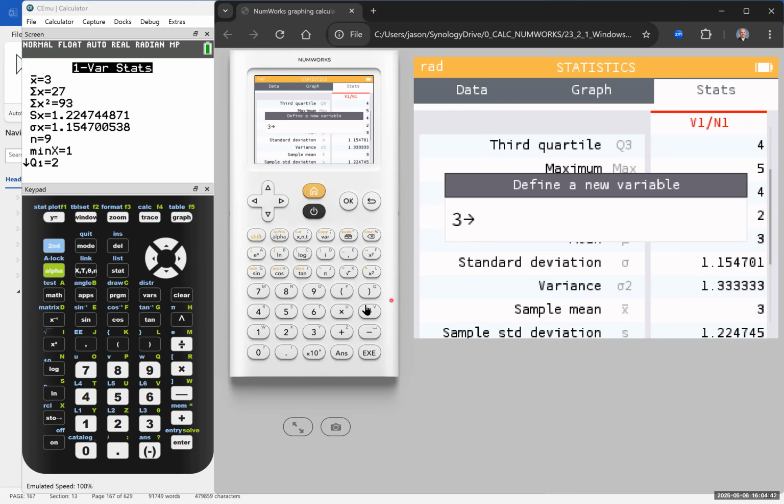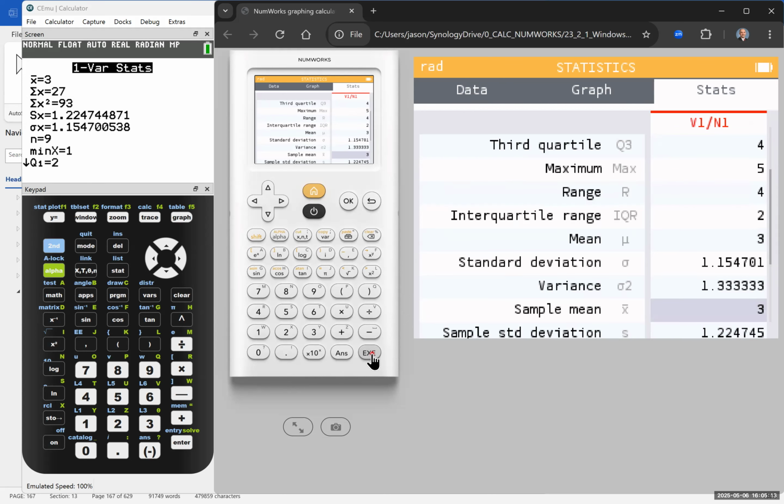Now I want to put that in a capital M. Notice that there's an M above the 7 on this 7 key. So to make it a capital M, I need to hit shift, then the alpha key, and then 7. So I'm storing 3 in this capital M variable, which to me stands for the mean. Now I'll hit execute, and it's done.